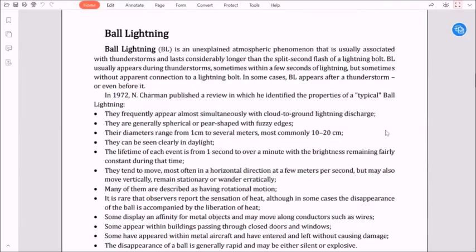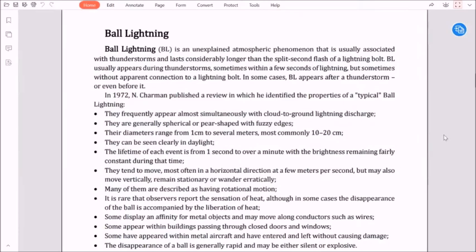Many of them are described as having rotational motion. It is rare the observers report the sensation of heat, although in some cases the disappearance of the ball is accompanied by the liberation of heat.